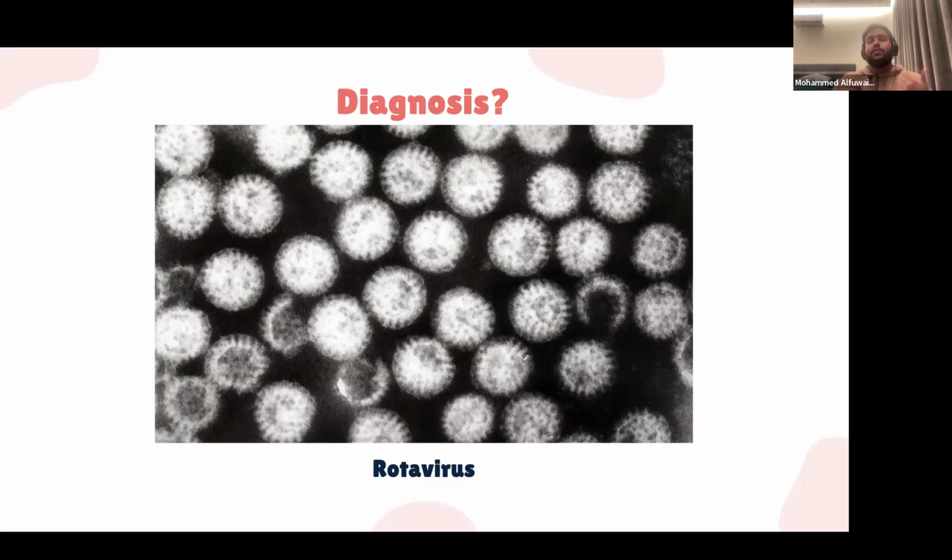So this causes severe watery diarrhea in children, okay? Now, does this affect developing countries or developed countries more? Do you guys know? Developing, why? Why is it in developing and not developed? Other than hygiene, there's an important thing.